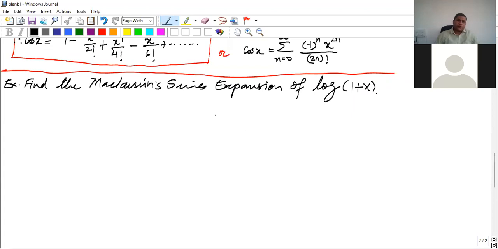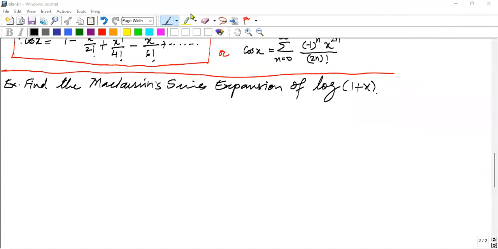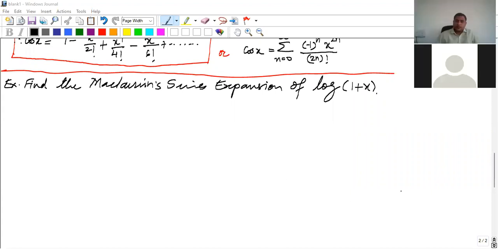So here we need to find the derivatives of this function, and then using those derivatives, we have to find the Maclaurin series expansion. So let us see how we are able to find the derivatives and the Maclaurin series expansion.